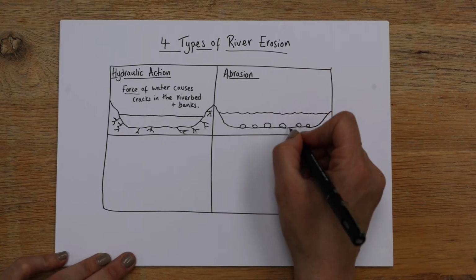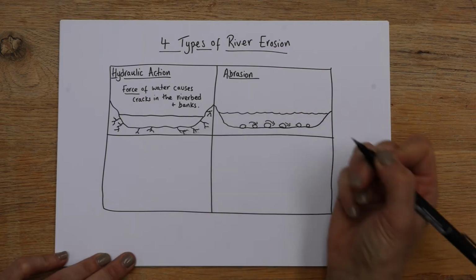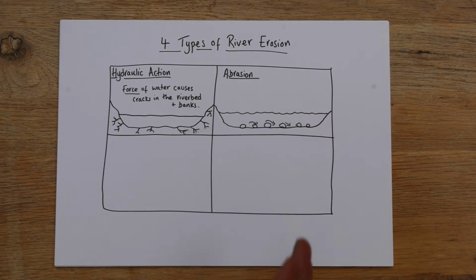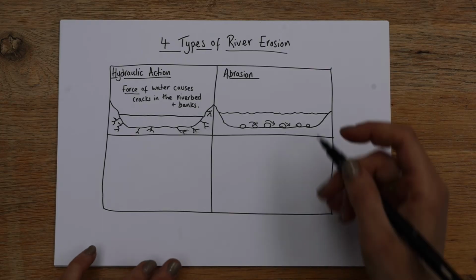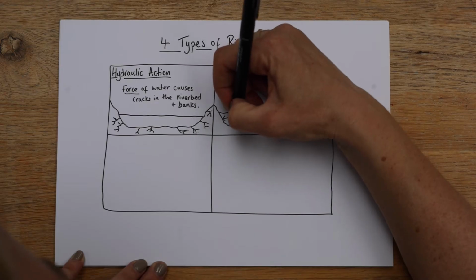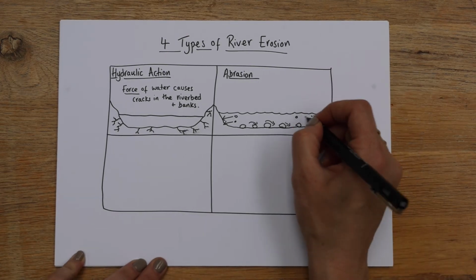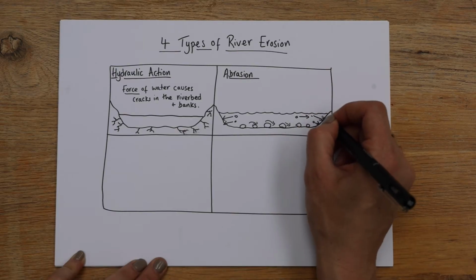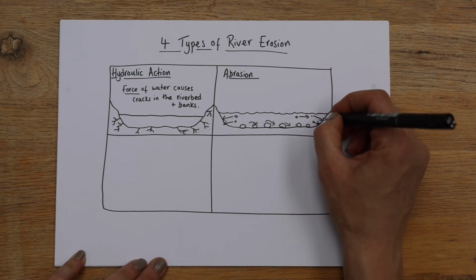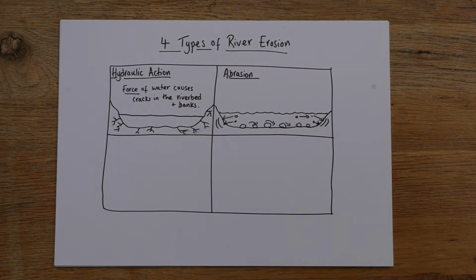These are moving and scraping and rolling their way along, acting a bit like sandpaper and wearing down the riverbed. But not only that, you've got smaller bits of material and sediment being used like sandpaper, whacking into the banks of the river and wearing them away. So it is really this sandpaper effect.